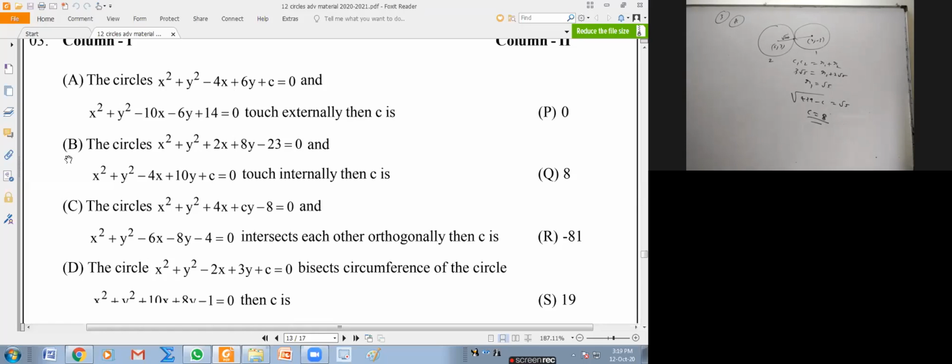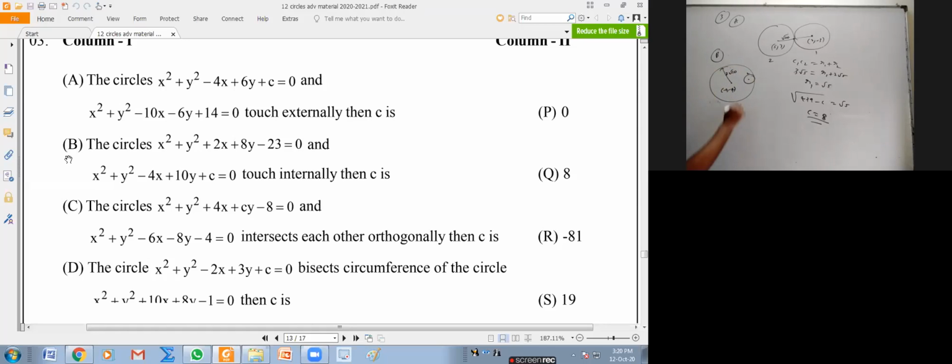The next bit is touching internally. Center of first circle is -1 comma -4. This is the first circle and the second circle. Center is -1 comma -4 and the radius is 17 plus 23, root 40, which is 2 root 10.